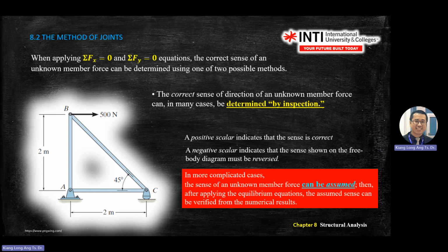So when you answer this kind of question, if you assume wrongly, if you draw like this, this is wrong, so remember to bracket it as wrong and draw a new one, or you can cancel this one.